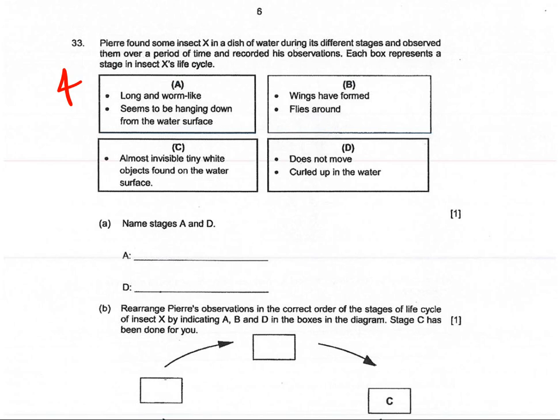So looks like a mosquito to me. Larva. So wings have formed. This is definitely adult. Almost invisible tiny object found on the water surface, very likely is egg. Curled up in the water, does not move, definitely a pupa. Pupa will move.